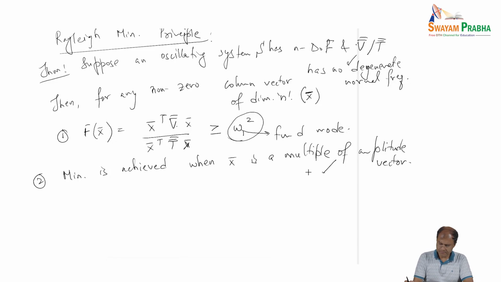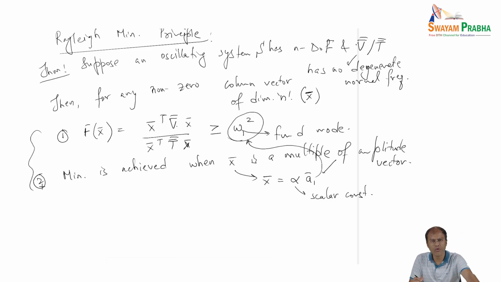I want to show that the minimum is achieved when x is some alpha times A1, where A1 is the corresponding amplitude to omega 1, and alpha is just a scalar proportionality constant. So these are the two results that we show in this Rayleigh minimum principle. And the idea of the proof is very simple.